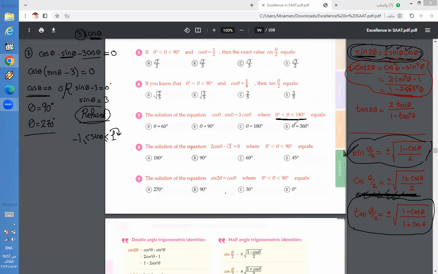The first and the second. So we take 90 only, because 270 is after the third quad. So our answer will be theta equal 90, and this is the answer of number 7.